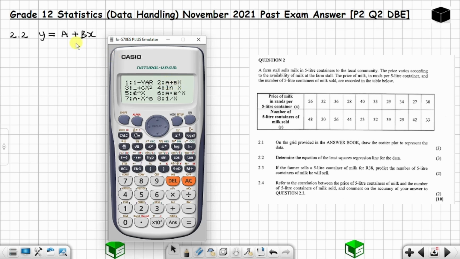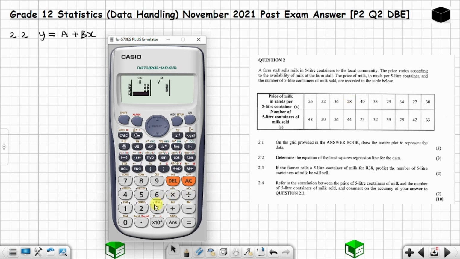You want to determine your A and B, so option 2. Now you can insert the values. You have your X and your Y. So you have 26 there. You press equal. And then you have 32. And then you have 36.